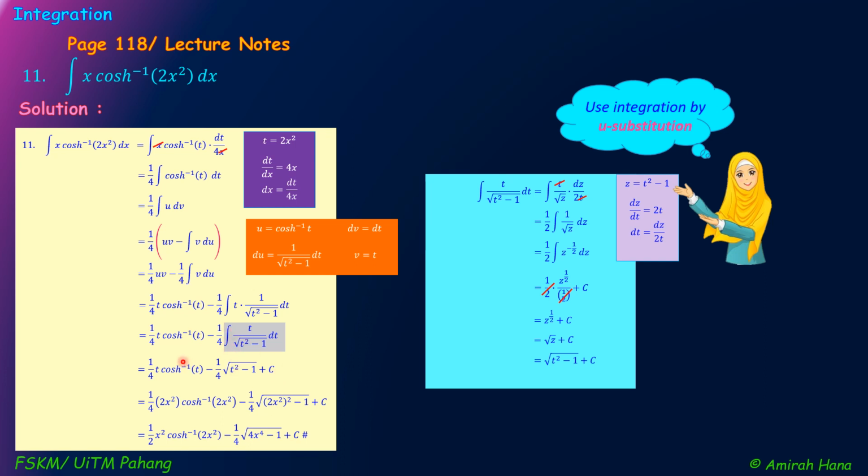Okay, sekarang yang ni no integration sign, so no need to integrate. Yang integrate yang ni tadi dapat yang ni. Tapi kita check balik from original question we have variable x. Tapi kita dapat jawapan dalam variable t. So, kita kena replace t in terms of x.